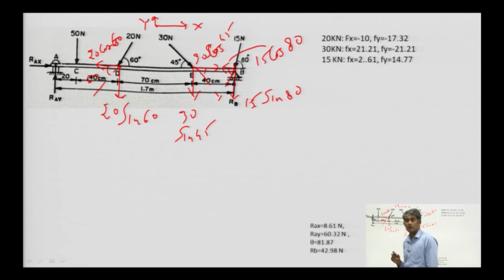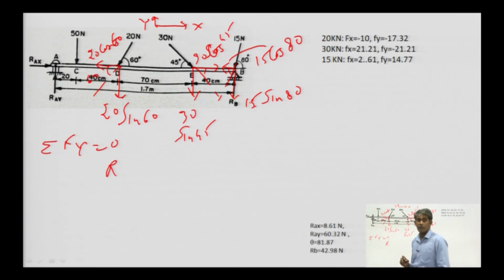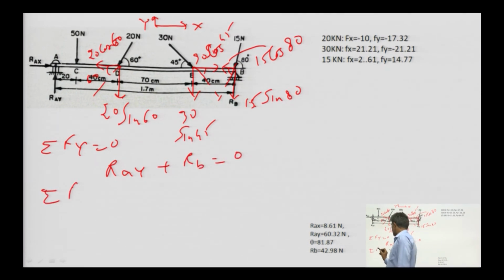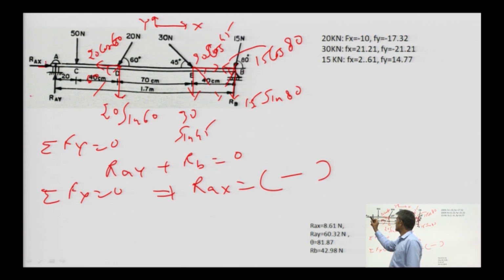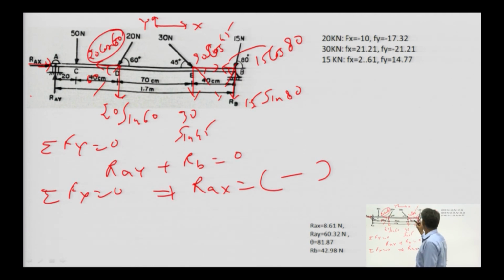What are those steps? Apply sigma Fx equals 0, sigma Fy equals 0, then you will get RA plus RB equals 0. Again apply sigma Fx equal to 0. By applying sigma Fx equal to 0, you will get the RAx value. Since horizontal forces are acting, it will be this one value plus this one value minus this one value.